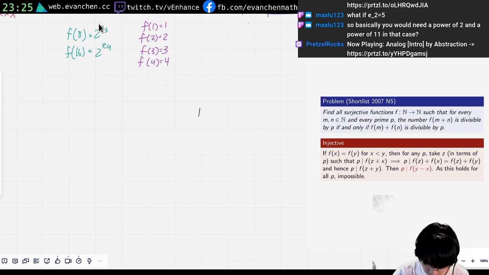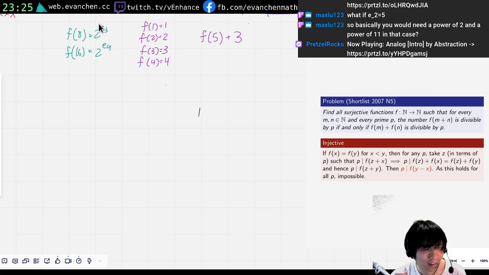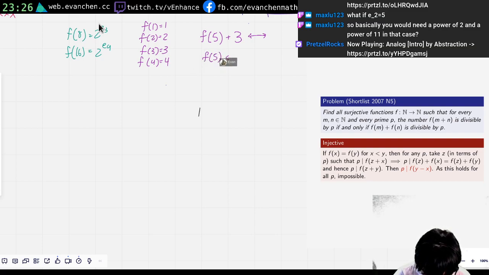And the next power of 2 is 8. So I can pin down f of 5 because I know f of 5... Actually, this becomes dicier because now there's random 3. f of 5 plus 3 is supposed to have the same prime powers as... Well, we know f of 5 is a power of 5.